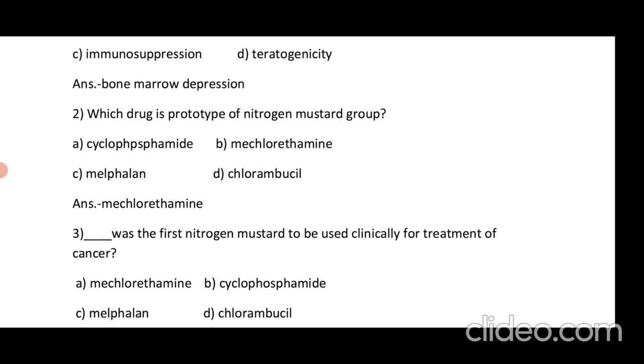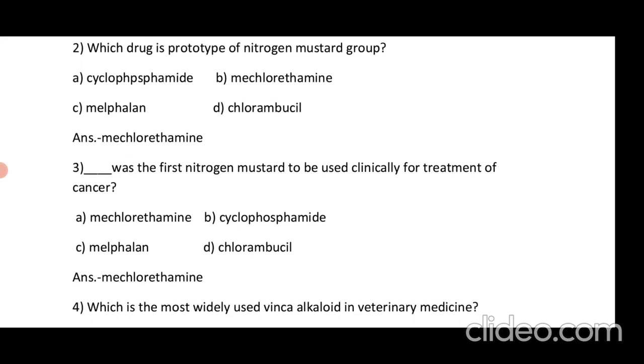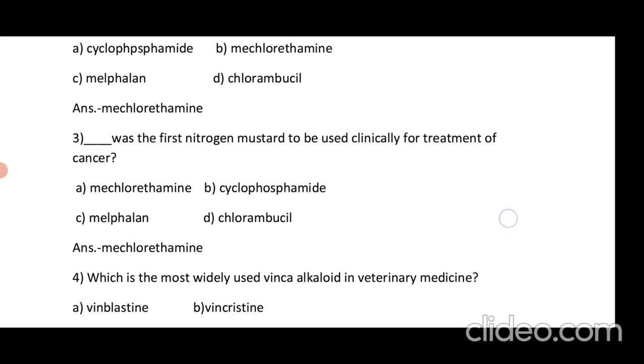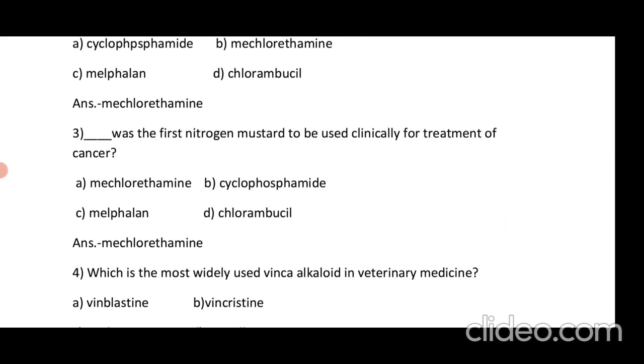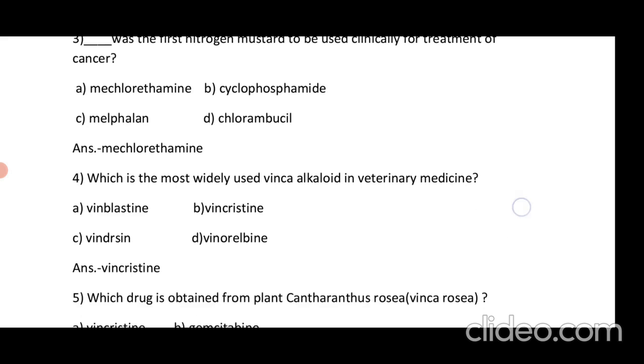Mechlorethamine was the first nitrogen mustard to be used clinically for treatment of cancer. Which is the most widely used vinca alkaloid in veterinary medicine? Vincristine is the most widely used vinca alkaloid in veterinary medicine.